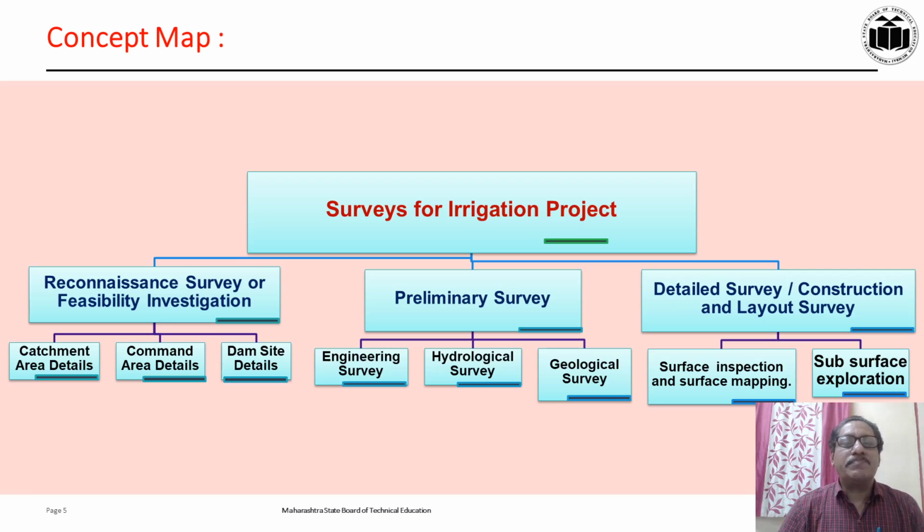As far as the concept map for the topic is concerned, there are various surveys for the irrigation project. Under that: reconnaissance survey, preliminary survey, and detailed survey. Under reconnaissance survey, catchment area details, command area details, and dam site details are covered.